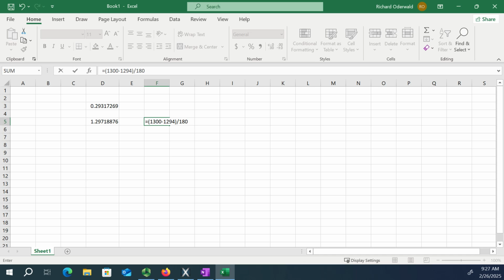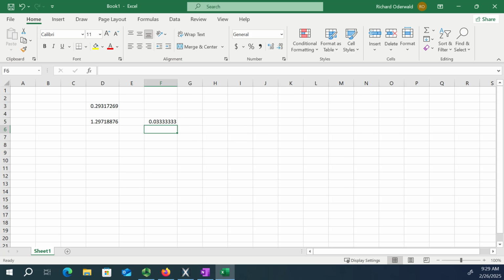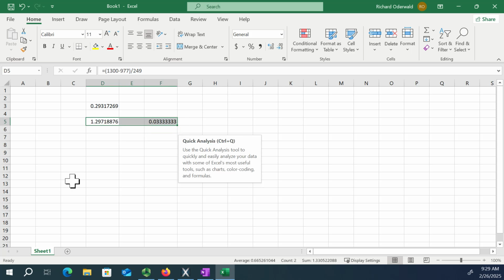The z-score for the first one is 1.29. It's more than one standard deviation up, a little bit more. What's the z-score for the second one from Wisconsin? 0.03. Which one did better relatively on the test, on the SAT test?